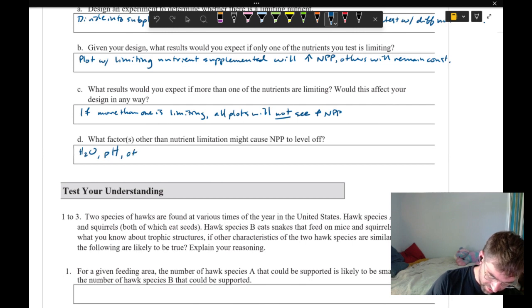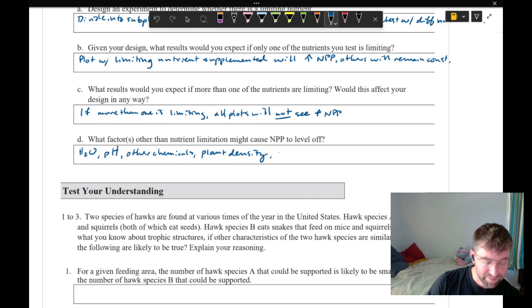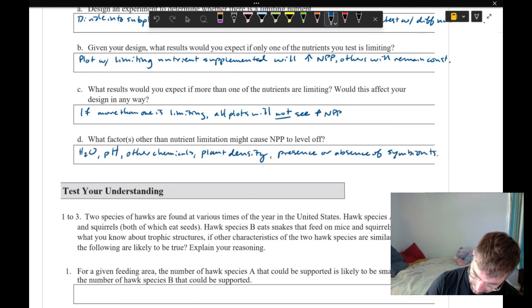H2O, pH, other chemicals, plant density, presence or absence of symbionts.